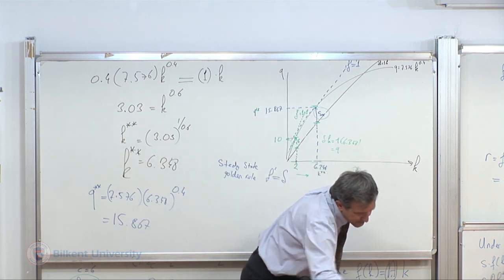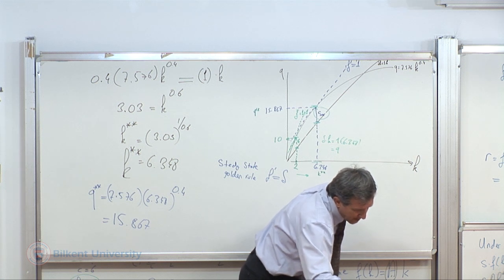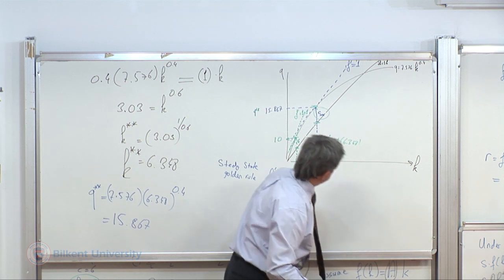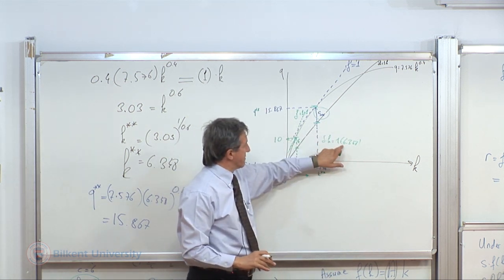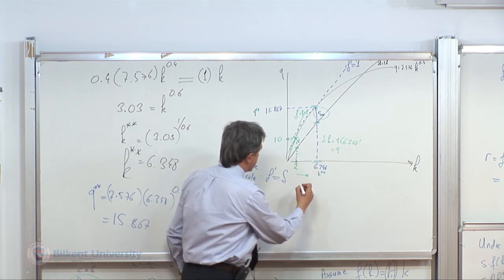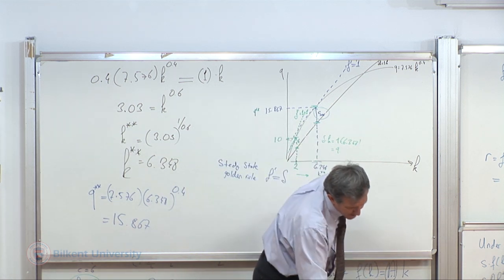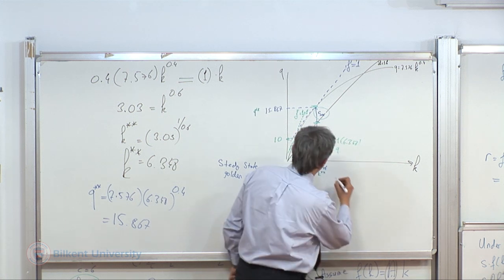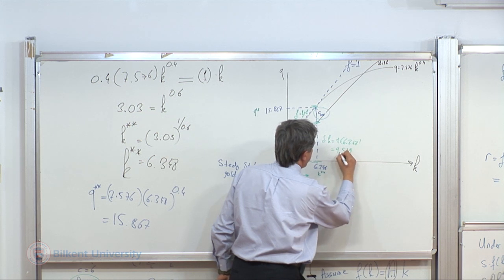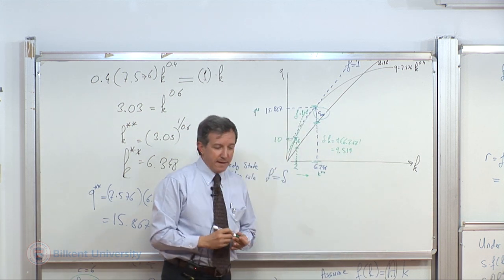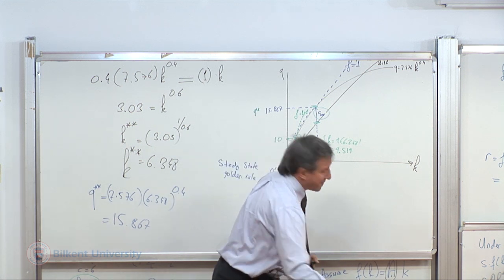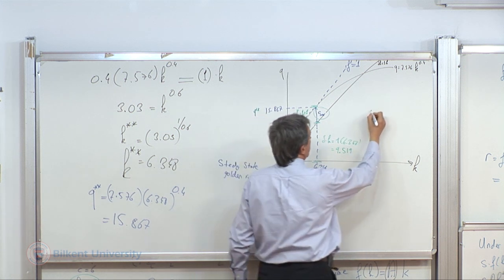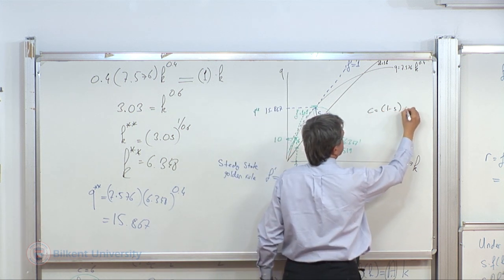Yes. No, I see it as just 1K. OK. 1 times K, and K is 6.3. So this is 9 point something. This is one way. Another way is consumption is 1 minus S times output.